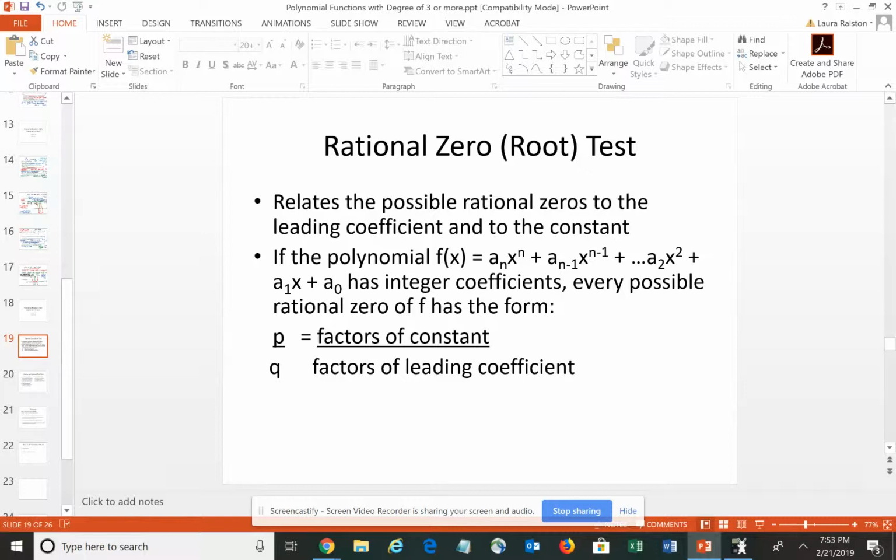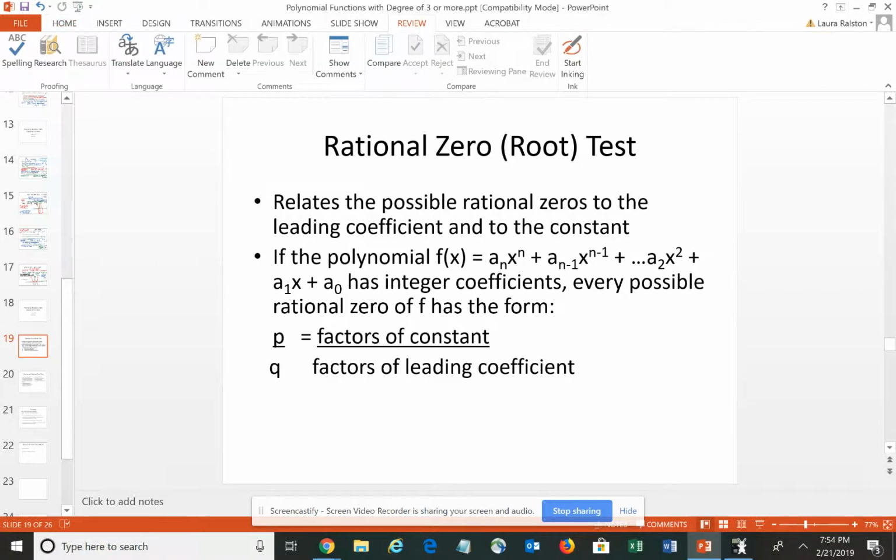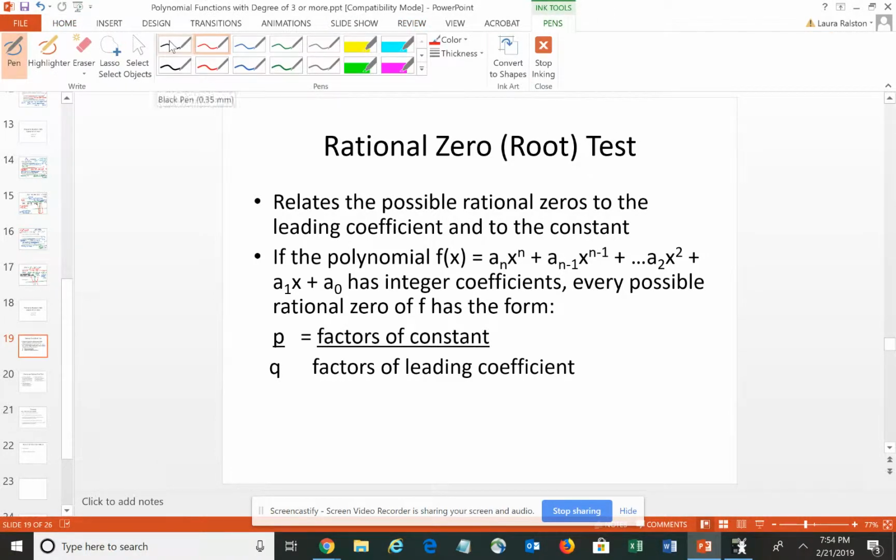And what the rational root test does is it relates the actual possibilities of rational zeros to the relationship between the leading coefficient and the constant of the polynomial. You basically use a relationship that looks at the factors of the constant divided by the factors of the leading coefficient.